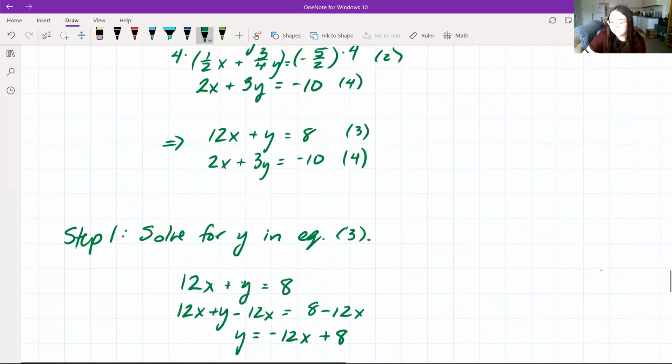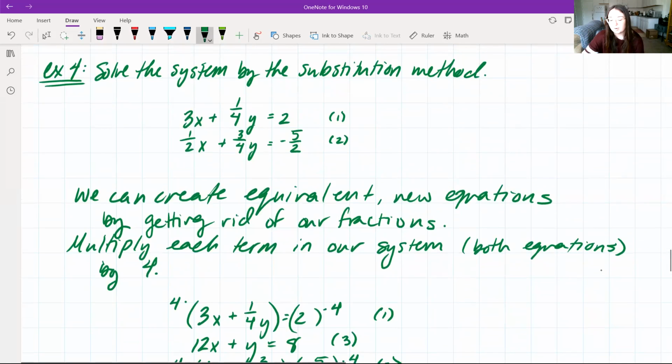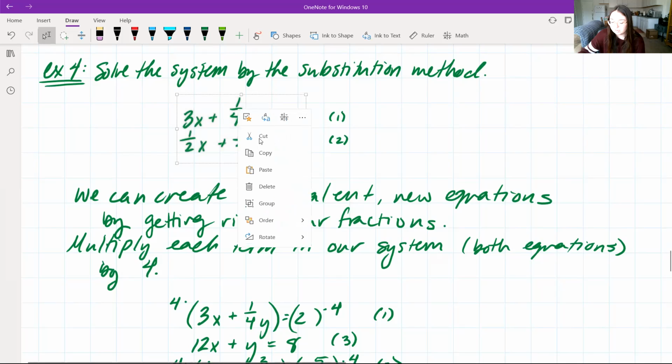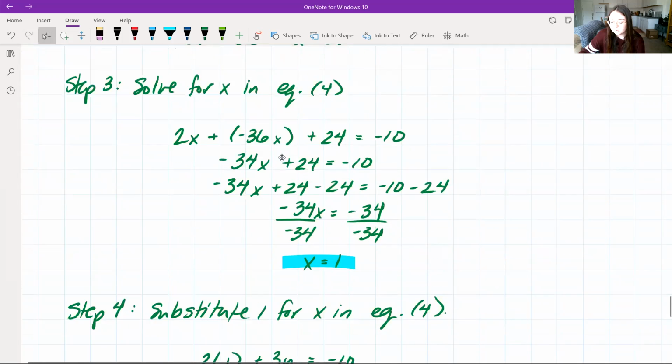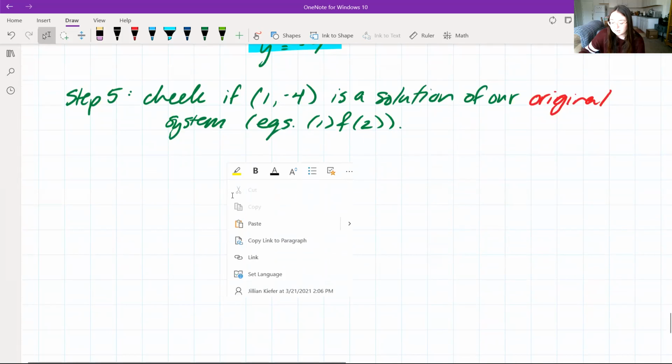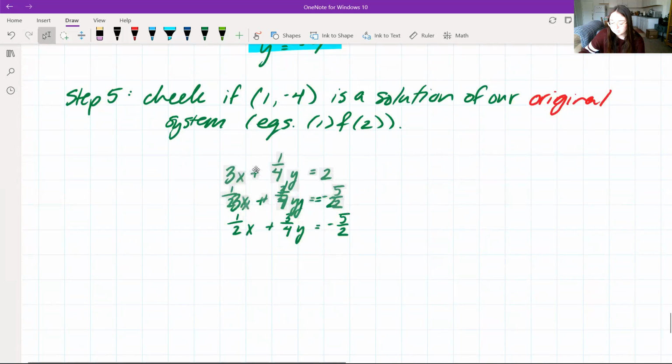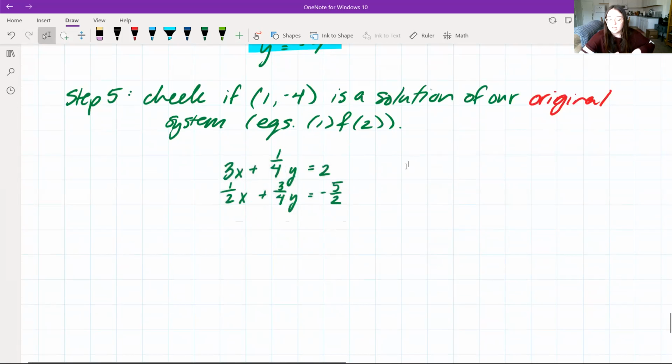So our equations 1 and 2, remembering our originals were 3x plus 1/4 y is equal to 2, and 1/2 x plus 3/4 y is equal to negative 5/2. So we're going to go ahead and copy and paste this in. So these are our original equations, and now we're plugging our values in.